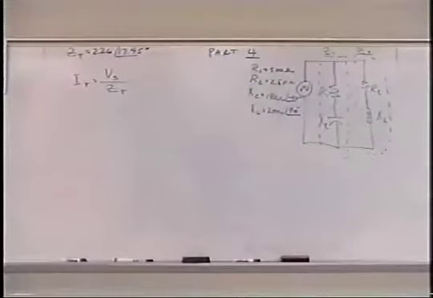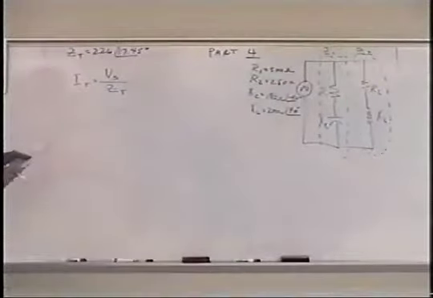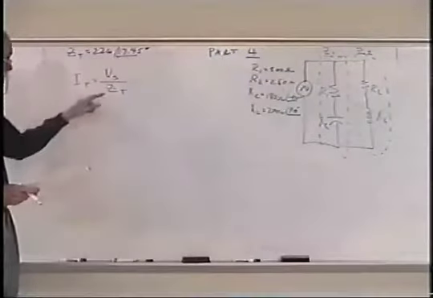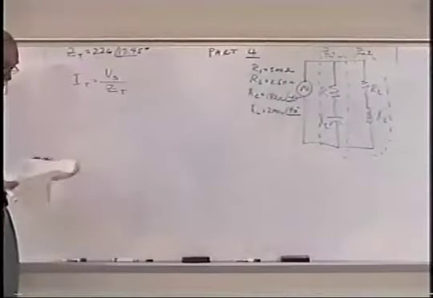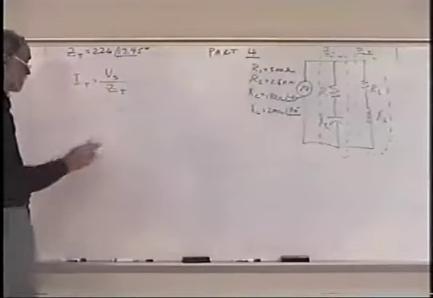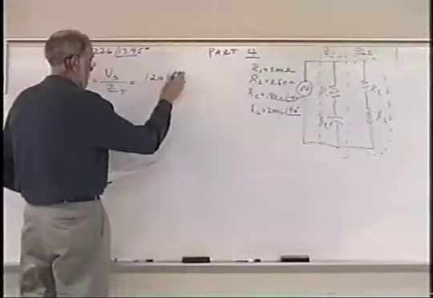All right, continuing on now, we found Z total was 226 at an angle of 17.45 degrees. The next obvious thing for me to find would be the total current flowing in the circuit. So to do that, I would simply divide the source applied voltage by Z total. If you look back at the circuit in the worksheet, it tells you that source voltage is 120 volts at an angle of 0 degrees.